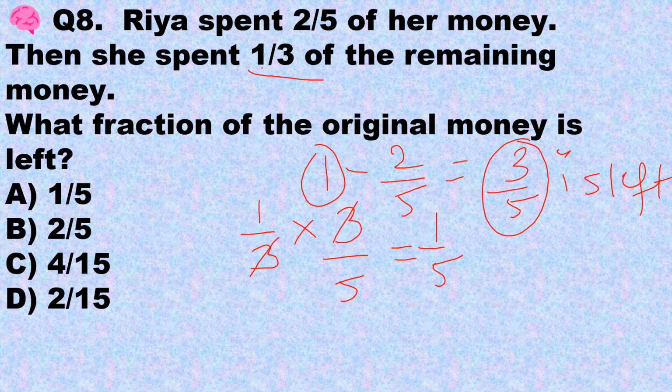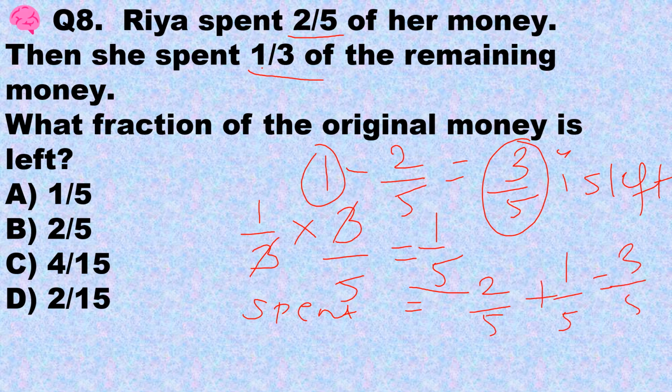So she is spending 2 by 5th and 1 by 5th of the money from the original. So we have to calculate that spent money. That will be 2 by 5 plus 1 by 5. So total will be 3 by 5. So total 3 by 5 money she has spent.